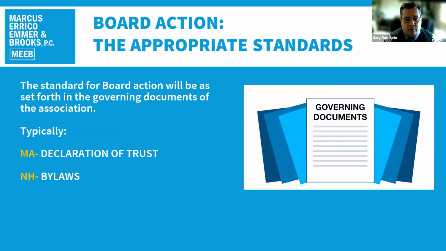People watching this afternoon might be from different states. In Massachusetts, we would typically be looking in what's called the Declaration of Trust. Most condominiums in Massachusetts are established as trusts, for whatever reason. That's just a format that they chose. In New Hampshire, we would see standards for board action typically in a document referred to as the bylaws.